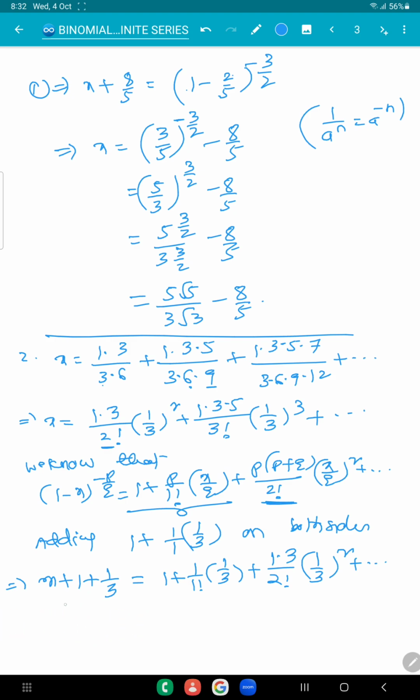So let us compare now, the right hand side with the right hand side of the expansion.